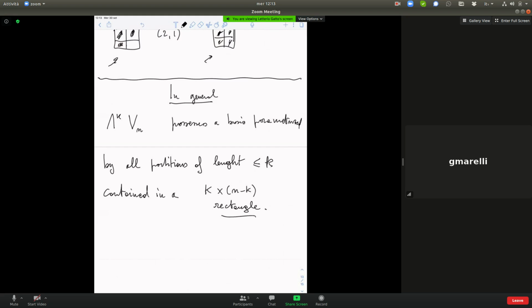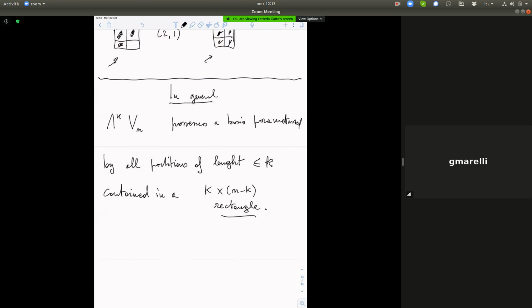Here the most useful thing to do is doing exercises. Maybe we can organize an exercise session for people who want, because there is no way to understand these things well other than doing experiments. For instance, experiment: basis of wedge 3V5.